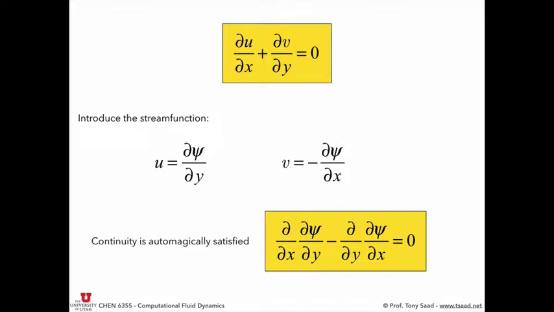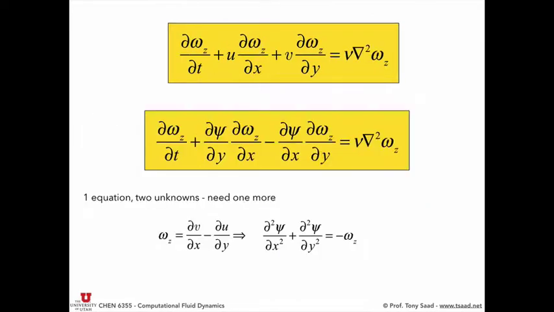Okay, so now we have an equation for omega. That's the governing equation for omega, the transport equation for omega z. We still have u and v, which can be written in terms of psi. So we have one equation now, but two unknowns. So we still need one more equation for the stream function.